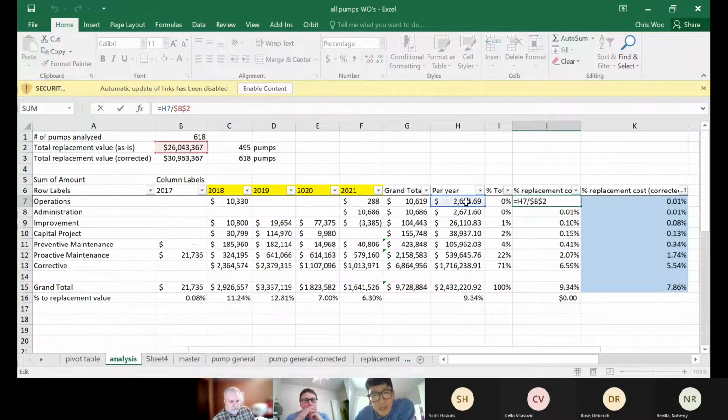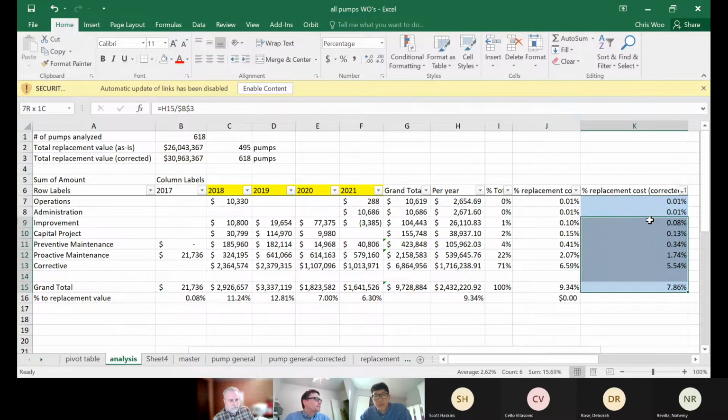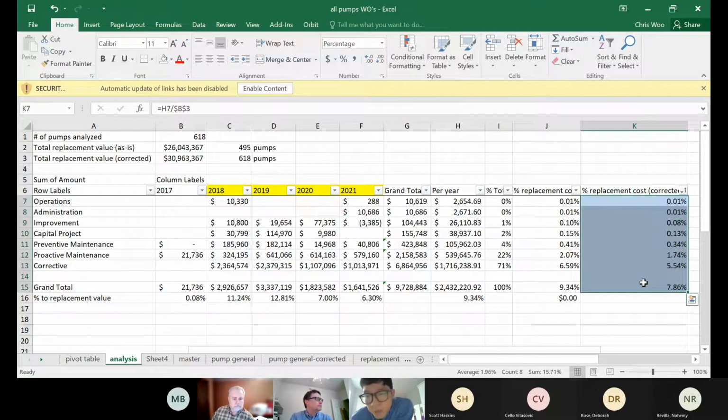I divide each of these work order categories by the total replacement cost as is first, and these are the percentages, and then I divide it by the corrected replacement cost value. So really, these blue texts are what I presented in the graph that I'm going to show you.